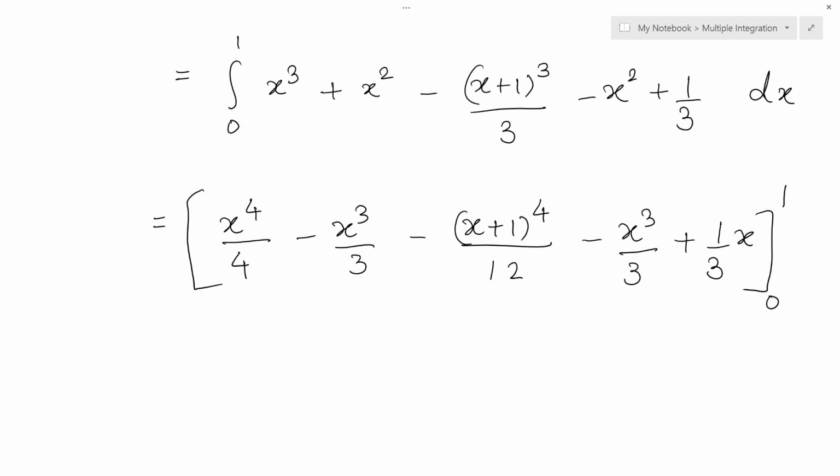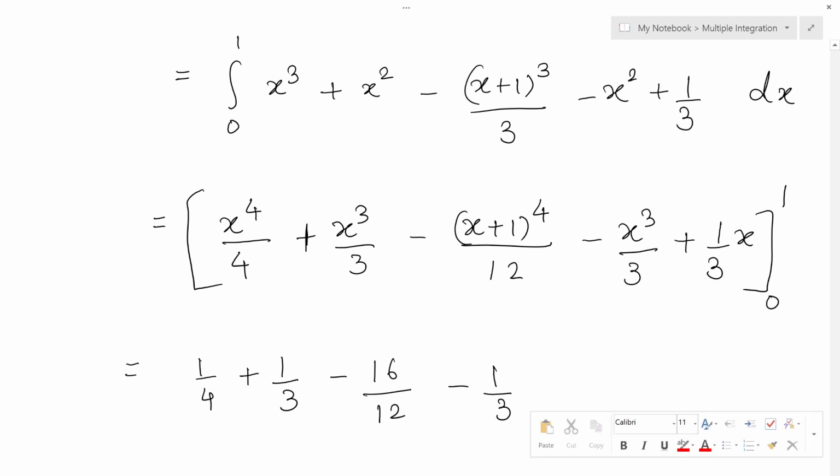So let us substitute the upper limit 1. So I'll have 1 by 4. Sorry, this is not minus, this is plus 1 by 3. This will be what? 2 raised to 4 is 16 by 12. This will be 1 by 3, and this will be plus 1 by 3.